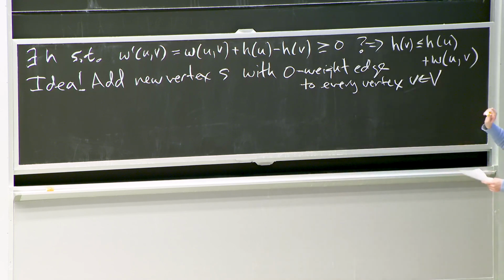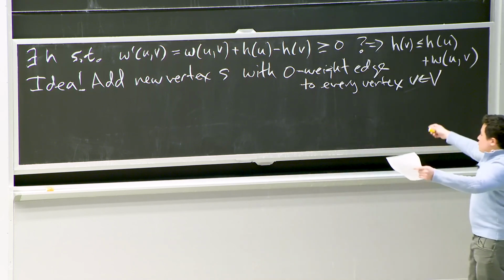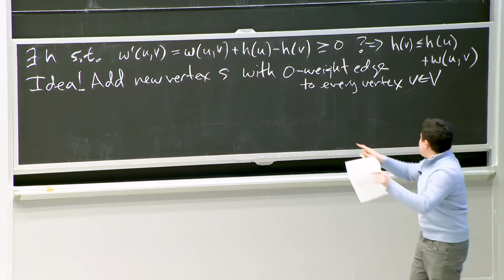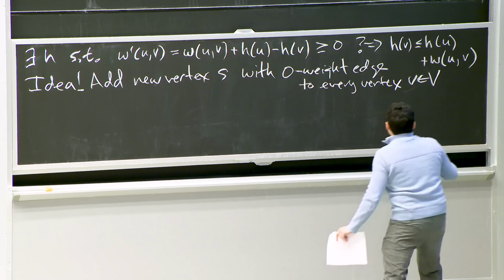We take our original graph. We add a new supernode or auxiliary vertex S with a zero weight edge to every vertex in my graph, right? What does that look like?